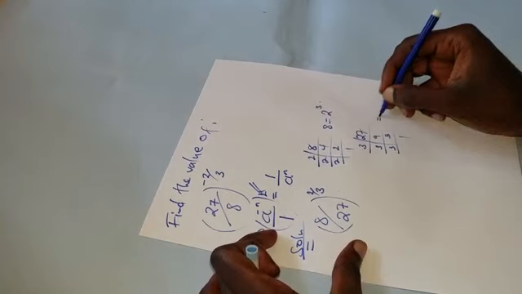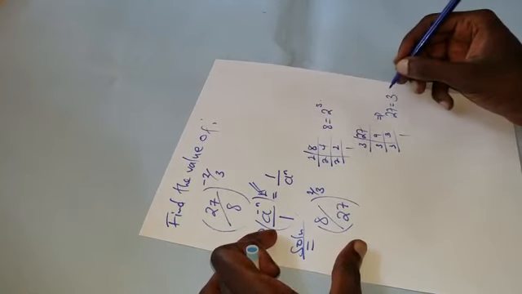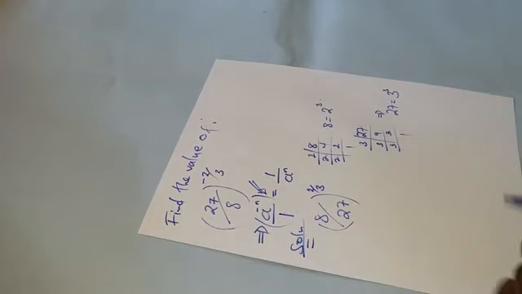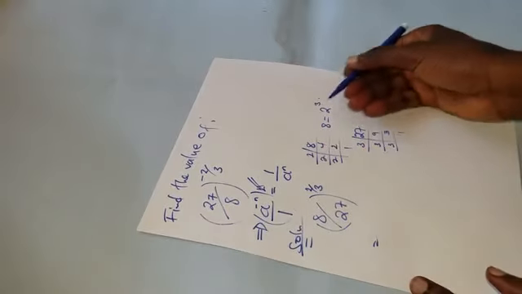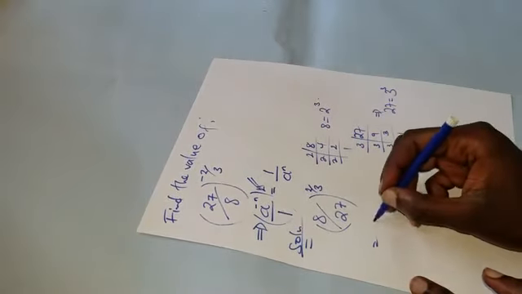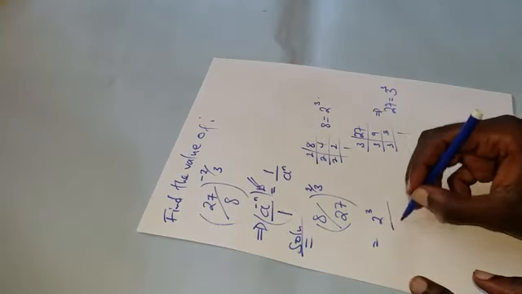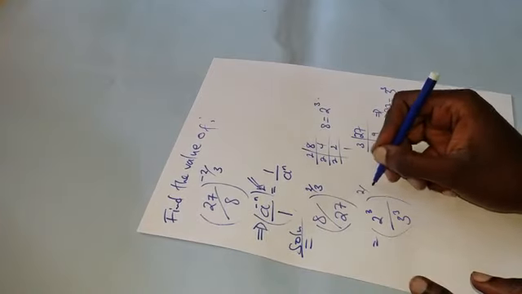So 27 equals 3 power 3. If you put it into the calculator, it still comes out. So we come back to the number, and instead of what we had before, we shall use these as powers. So this is 2 power 3 over 3 power 3, all under a bracket with power 2 over 3.